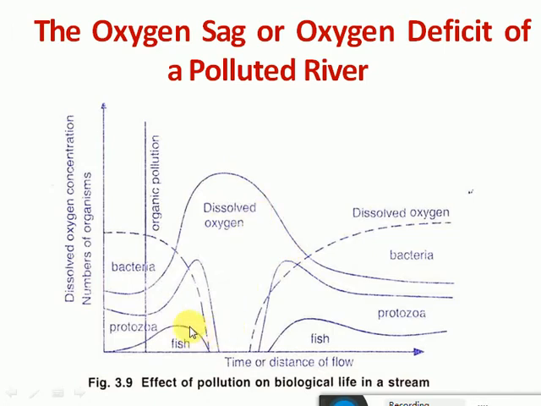If the dissolved oxygen is high, then most of the fishes and other species will survive because of the greater presence of oxygen. If the dissolved oxygen starts to decrease, you can see only some species of bacteria, and if it drops further, you can see some of the protozoa. And if the dissolved oxygen level starts to increase again, then the fishes will reappear. So those things happen in the receiving water bodies. Different species will survive at different oxygen levels and in different zones of a river.